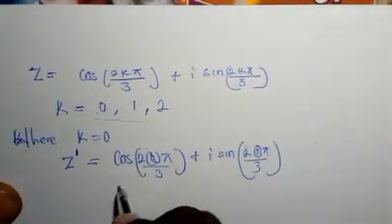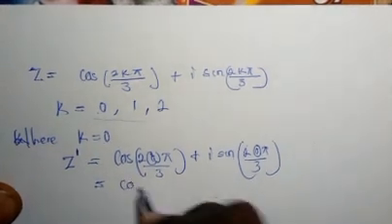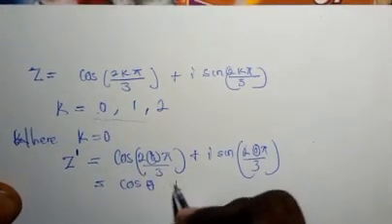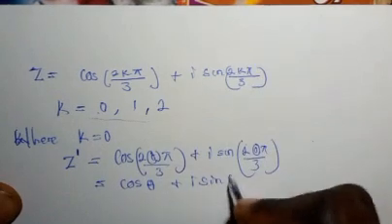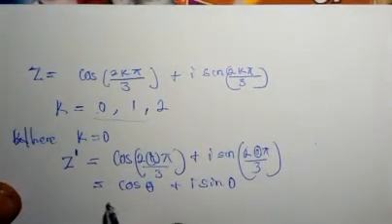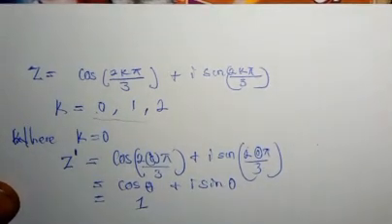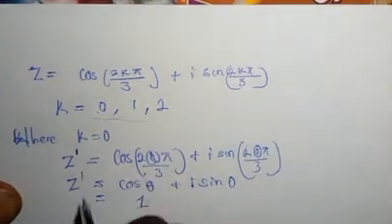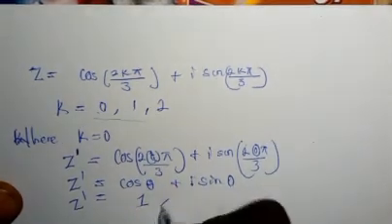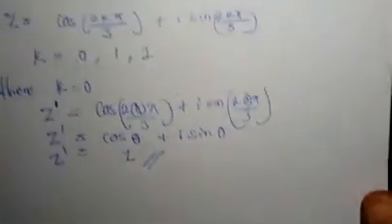This implies that z1 is equal to cos 0 plus iota sine 0, and cos 0 is equal to 1, sine 0 is equal to 0, 0 times iota is still 0, therefore z1 is equal to 1. This is the first value.